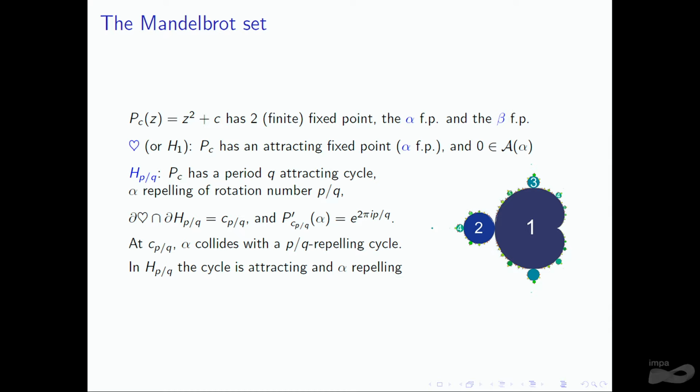On the Mandelbrot set, the beta fixed point is always a repelling fixed point, except at the point where it collides with the alpha fixed point and they become parabolic. Otherwise it's always repelling, so it's somehow boring. The one that does things is the alpha fixed point, and it's the point we are very much interested in. This point is attracting for every parameter here.